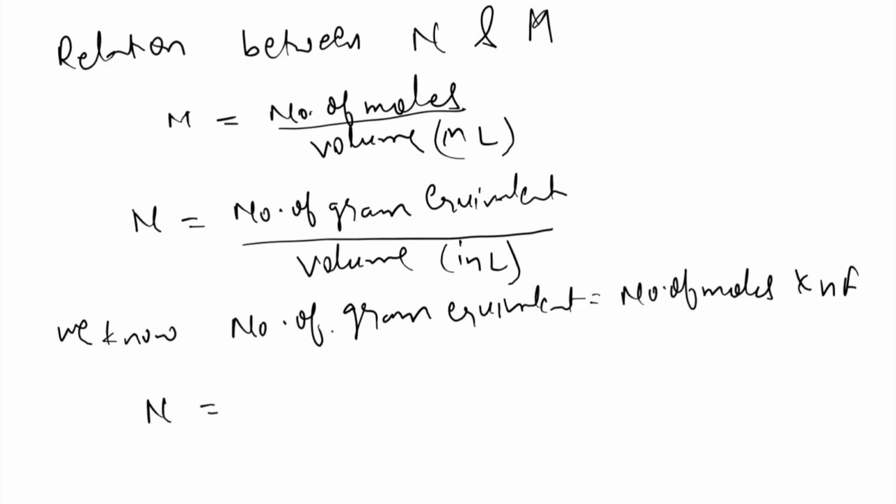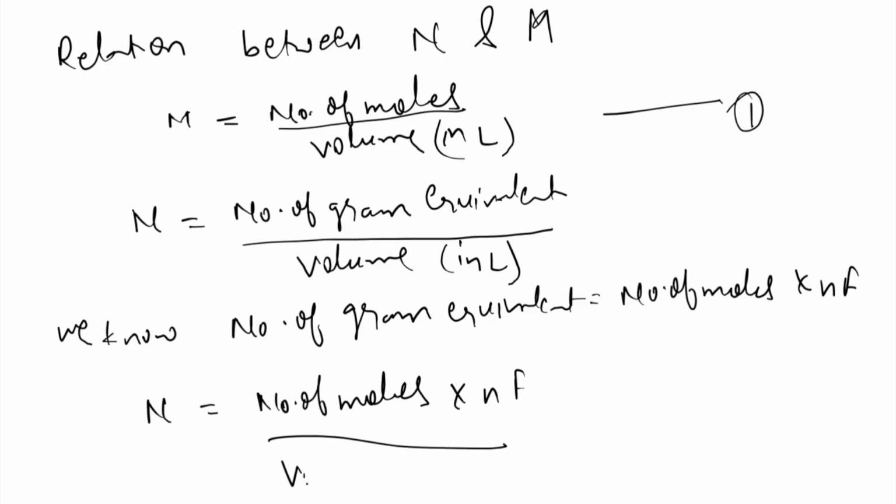So normality, let's say this is equation 1. So normality is number of moles multiplied by n factor divided by volume in liter. So this is equation 2.